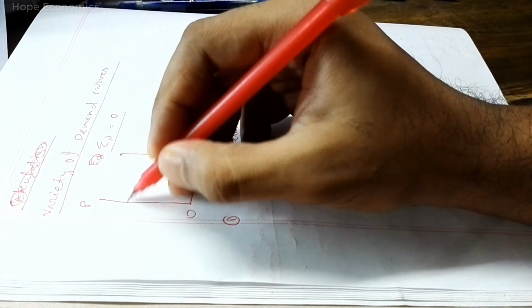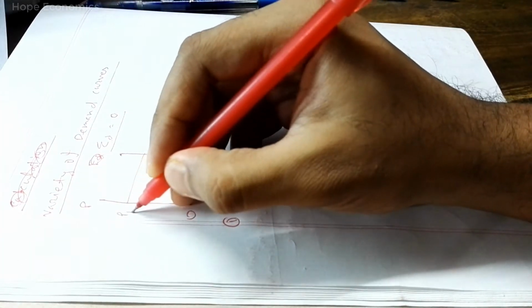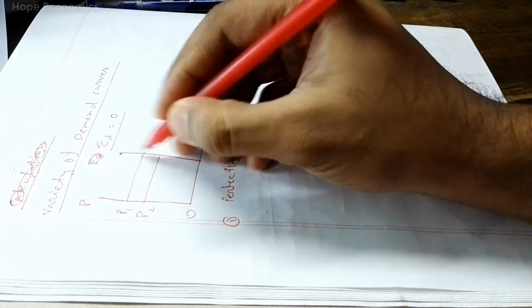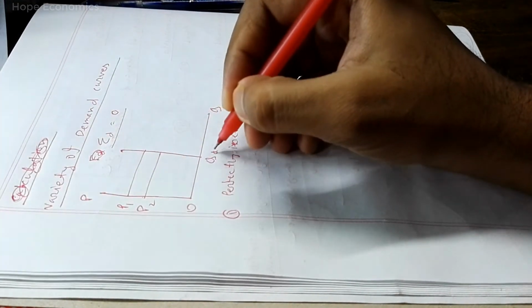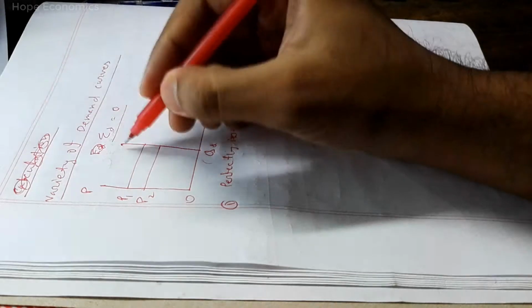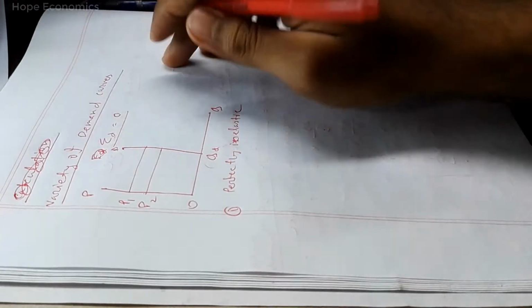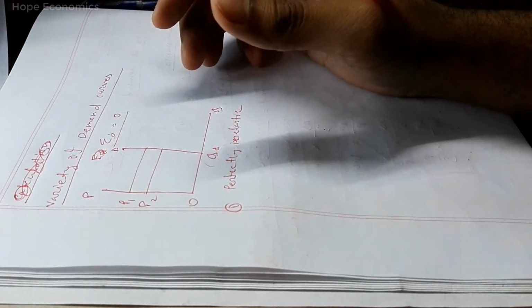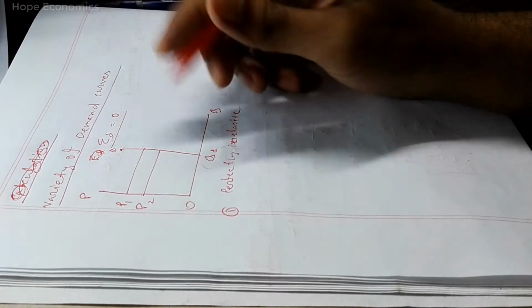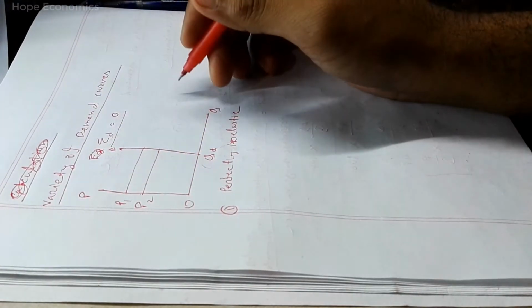And you can see as the price may increase or decrease, nothing is happening, the demand remains the same, quantity demanded remains the same. So in this case it's perfectly inelastic, whether the price is rising or whatever is happening, there is no effect on the demand.